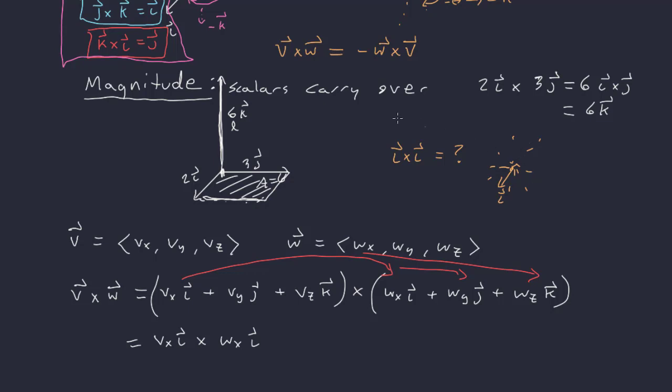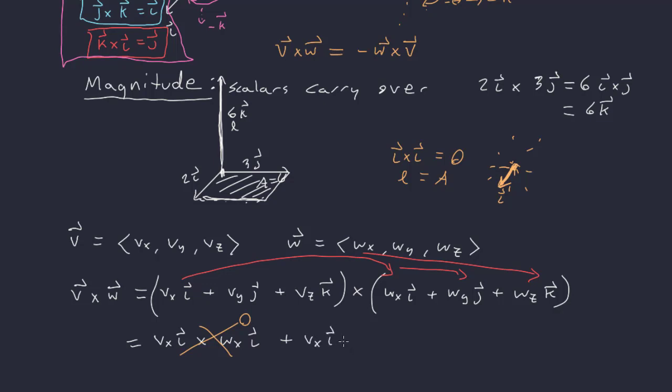But if we go back to this area argument, that the cross product's length needs to equal the area of the parallelogram, well, there is no parallelogram. So it turns out that I cross I is 0. So this whole piece here goes away. That's 0.